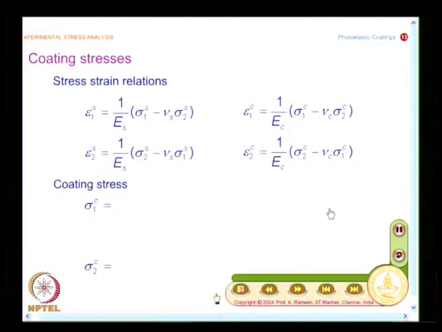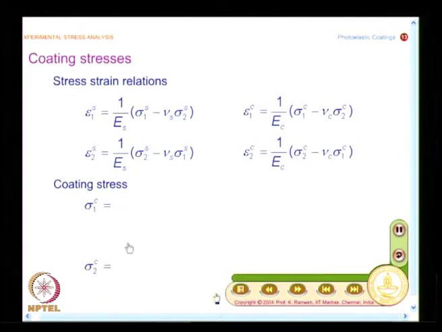What we had seen in the last class was that whatever strain is developed on the specimen is faithfully transmitted to the coating, and individually you can write the stress strain relations for the specimen as well as the coating. Using these relations, it is possible to estimate the coating stresses sigma 1 c and sigma 2 c.